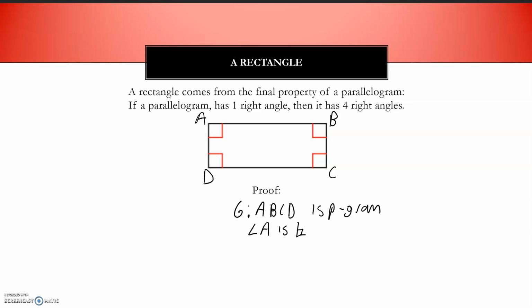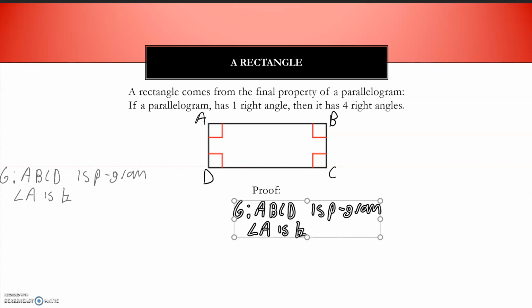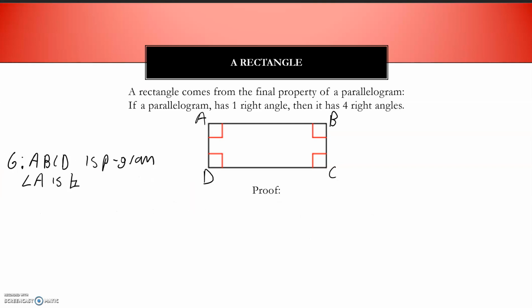In order to prove this, we have to show, so we're going to write a prove statement, that angle B, angle C, and angle D are all right angles. We're going to start with some of our basic parallelogram properties, and I'm going to use two of them.